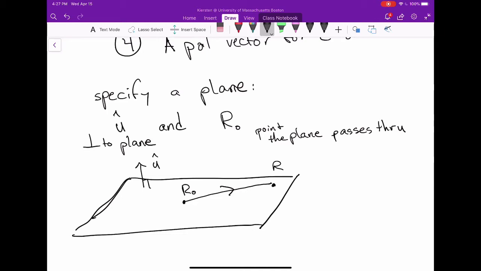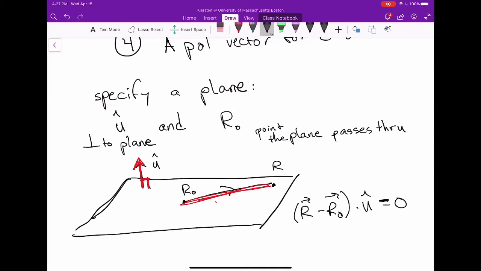And then all I have to do is note that since R minus R0 is perpendicular to this unit vector, because it lies in the plane and the unit vector is perpendicular to the plane, their dot product is going to be 0. So that specifies the plane.